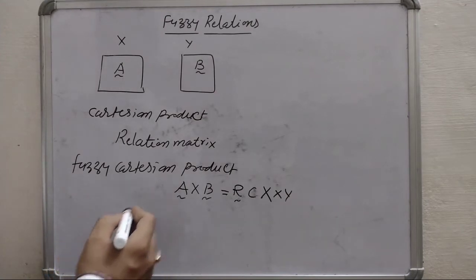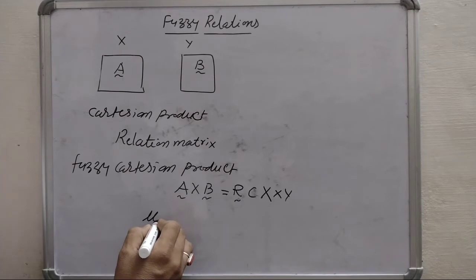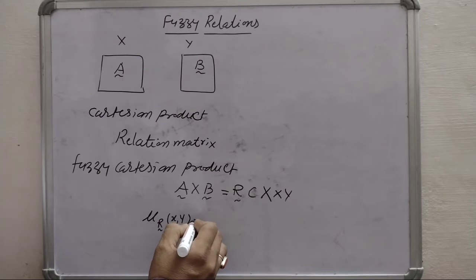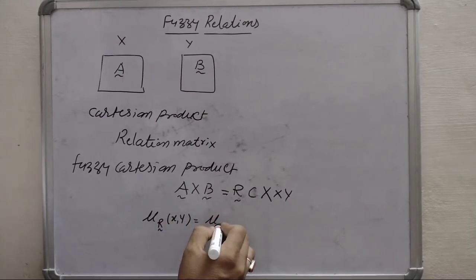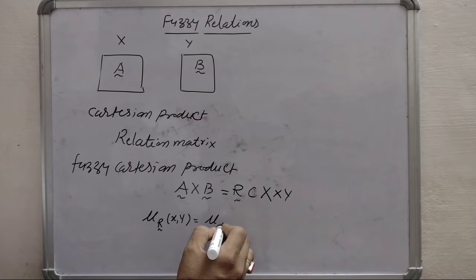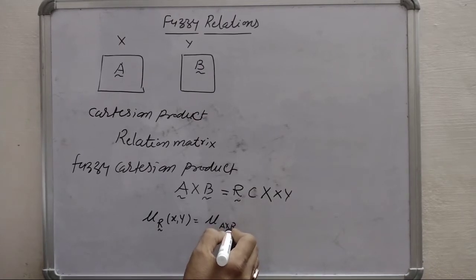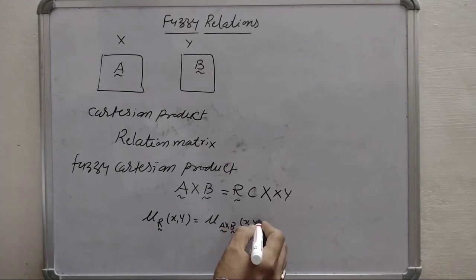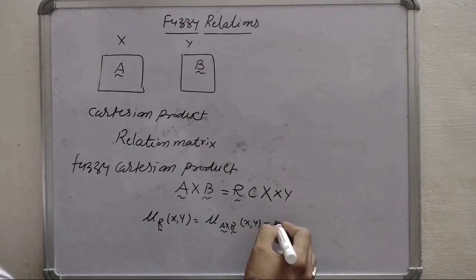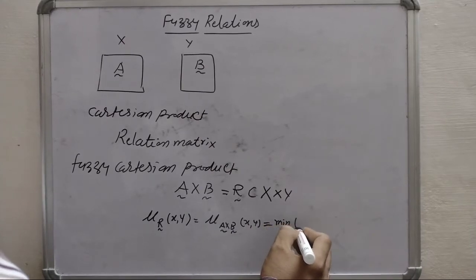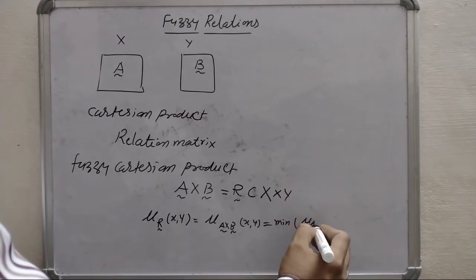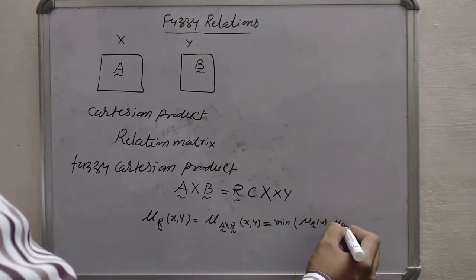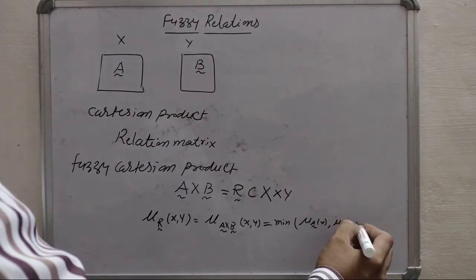The membership function can be written as mu R of (x, y) equals mu of the Cartesian product of A and B at (x, y), equals the minimum of mu A of x and mu B of y.